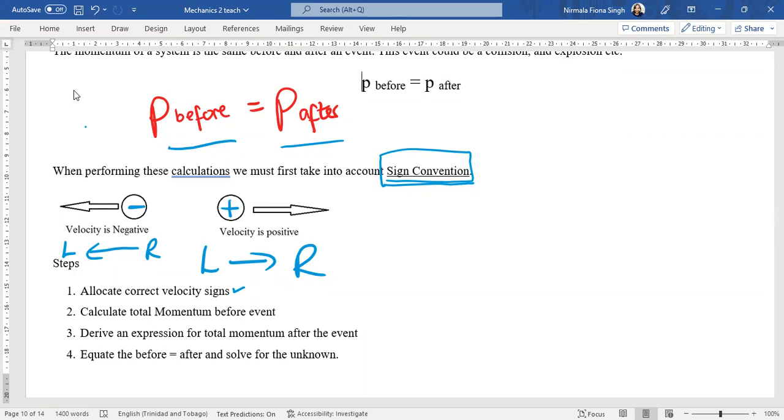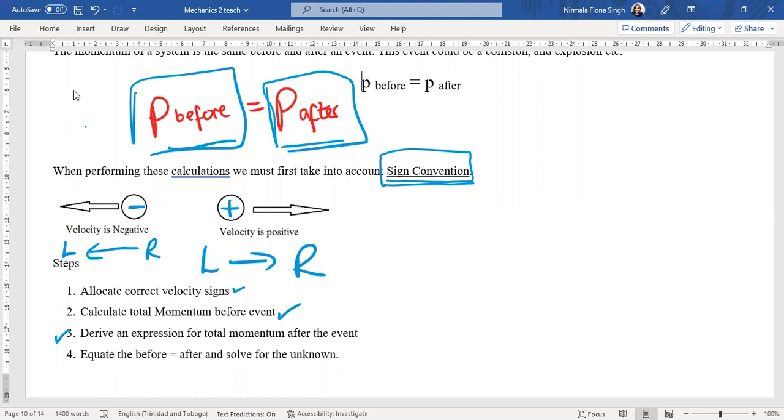Two, we calculate the total momentum before our event. So that means we can actually multiply and add and find an answer. Three, we derive an expression for the total momentum after an event. Derive an expression means, folks, we are going to have a number and a letter.